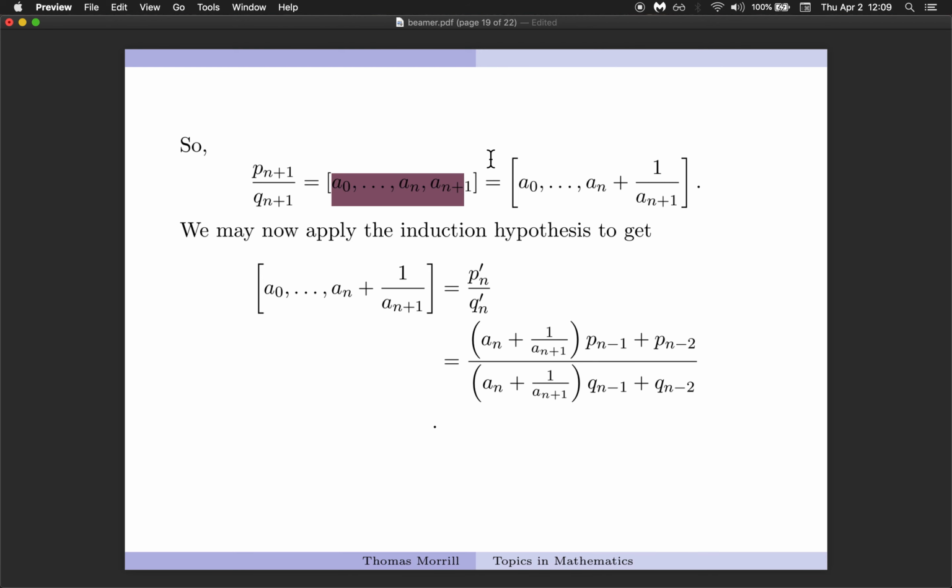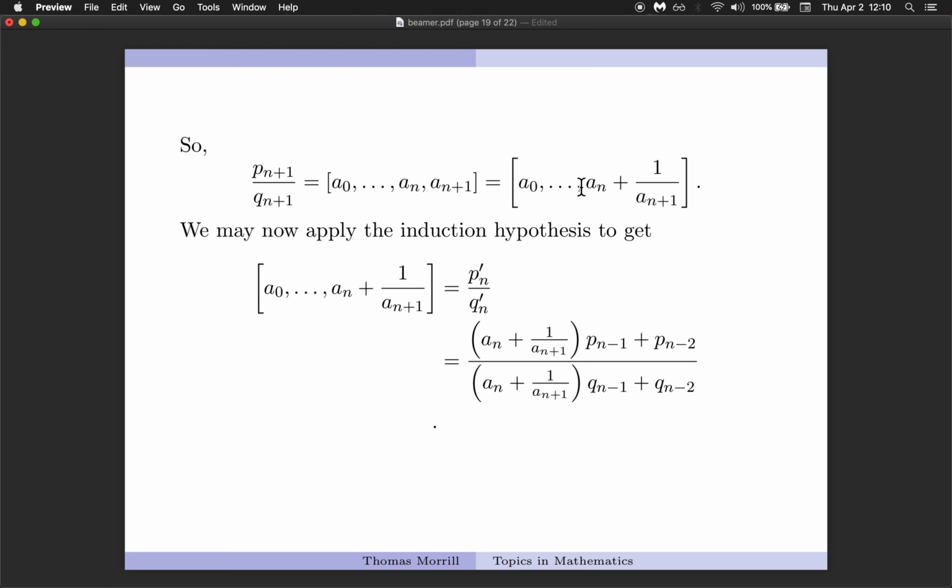This list has n plus 2 things in it, right? 1, 2, 3, 4. an would be number n plus 1. an plus 1 would be number n plus 2. This list has only n plus 1 things in it. a0 is number 1, a1 is number 2, an plus this fraction is number n plus 1. So this is a shorter continued fraction.